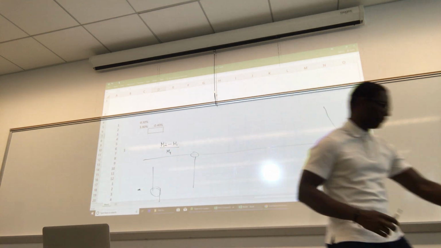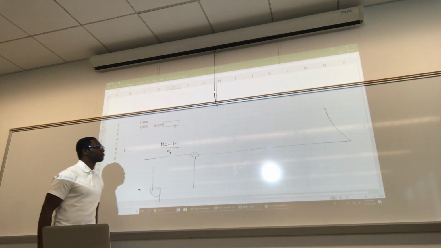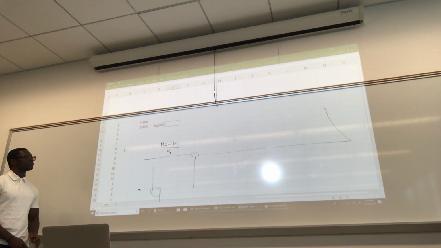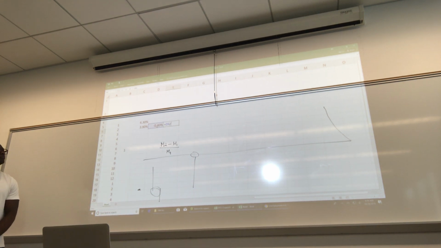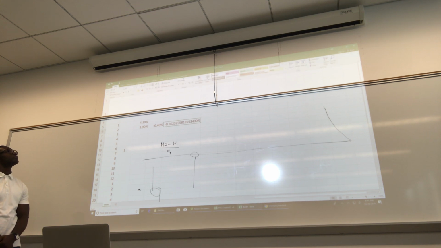But I want that to be compared to what it was before. I will take this part and compare it with what it was before. And that part here is what number?